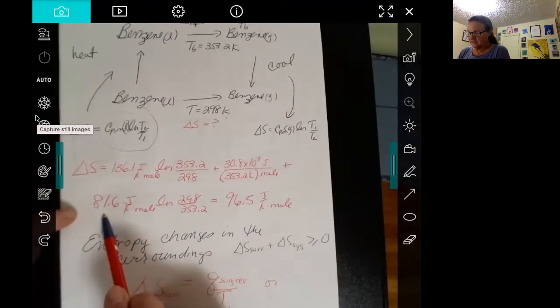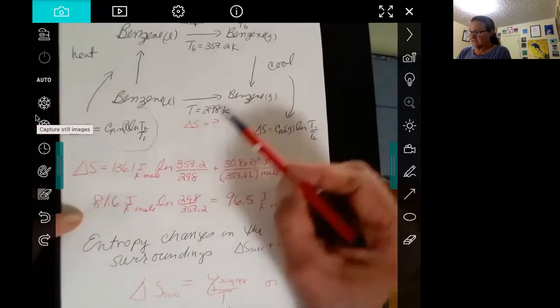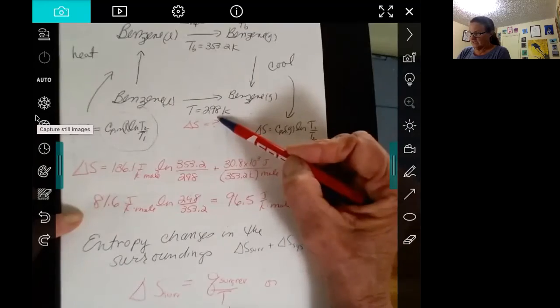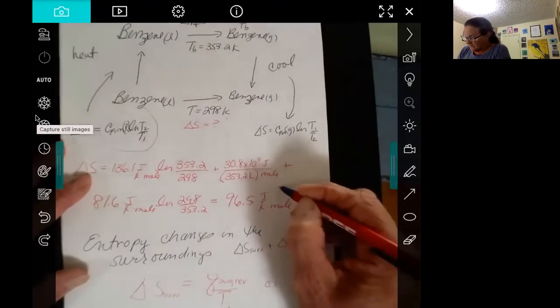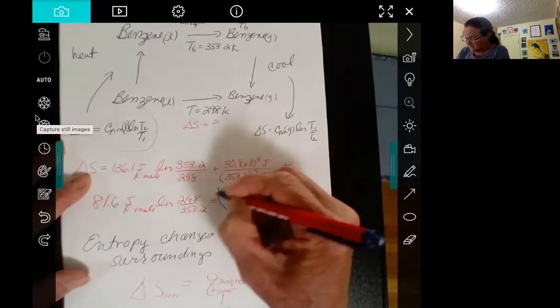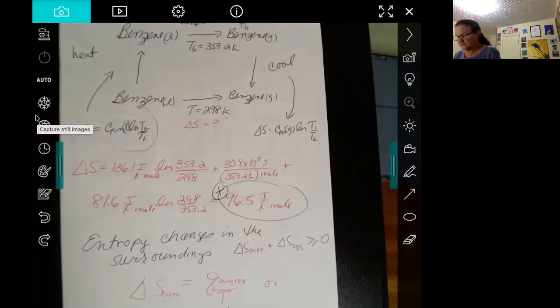So this is the molar heat capacity of gaseous benzene times ln of T2, which for this step is 298, over T1, which is 353.2. You add those all together, you get positive 96.5. So if your process isn't reversible, you may have to use a little bit of thought to figure out a way to do the same thing, but to do it reversibly.